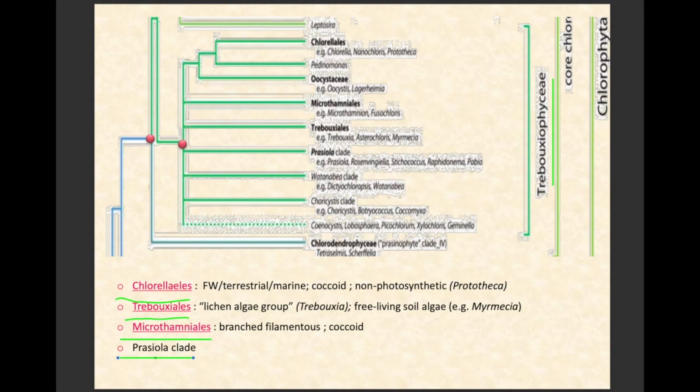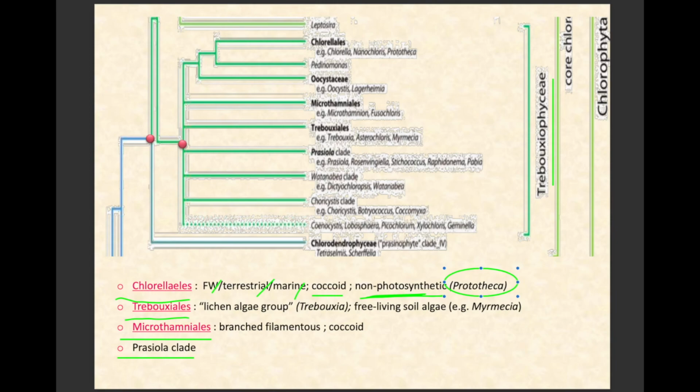Yung ating Chlorellales is majority freshwater, although there are terrestrial to marine representatives too. These are coccoid, and usually ito ay mga non-photosynthetic na mga type. Ito yung nabanggit natin kanina, si Prototheca, na parasitic yung kanyang mode of nutrition.